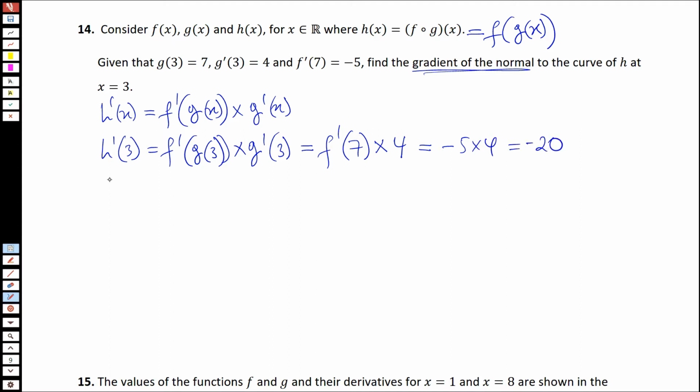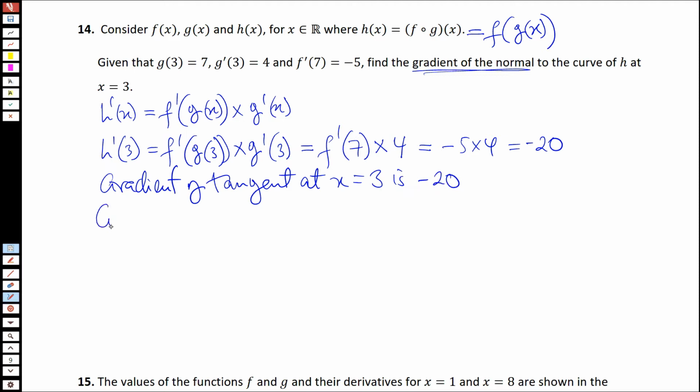So what does this mean? This implies that the gradient of the tangent at x equals 3 is -20.